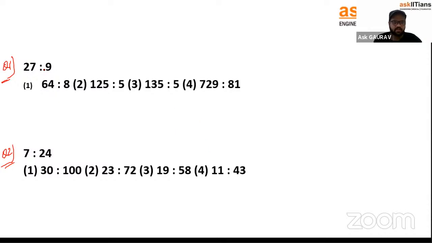Question 1. 27 is to 9. See, this is the sign of ratio, right? And this is the sign of proportion. 27 is to 9 as blank is to blank. So you have to identify what the right option will be.